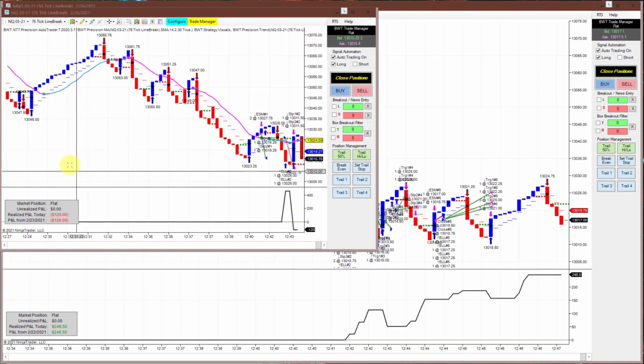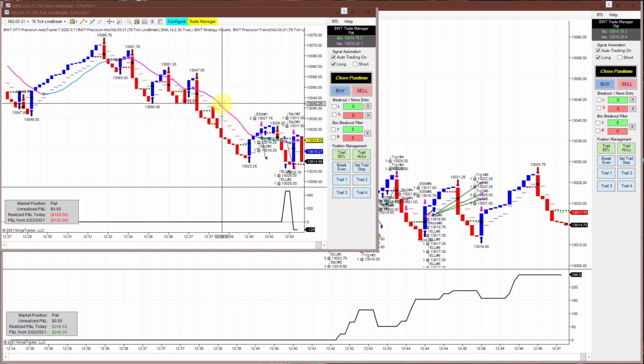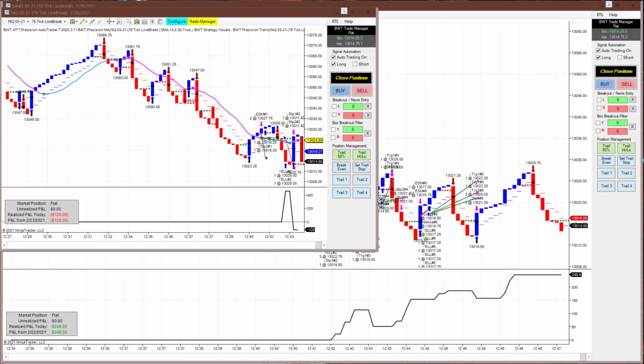Down a little bit on the 76 tick because I had it both directions, but let's see what happens here.